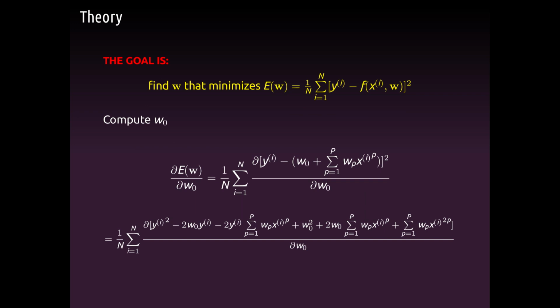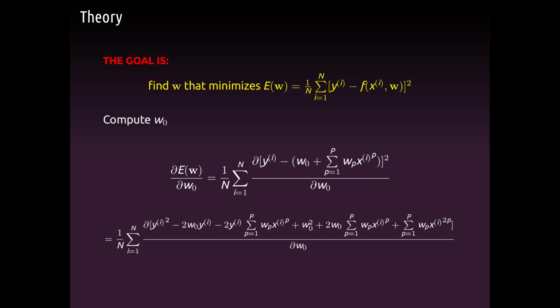We start by expanding the expression inside these square brackets. So we will get y super i square minus 2 w naught y super i minus 2 y super i multiplied by the sigma of wp x super i to the power of p, plus w naught square plus 2 w naught multiplied by sigma wp x super i to the power of p, plus sigma wp x super i to the power of 2p.